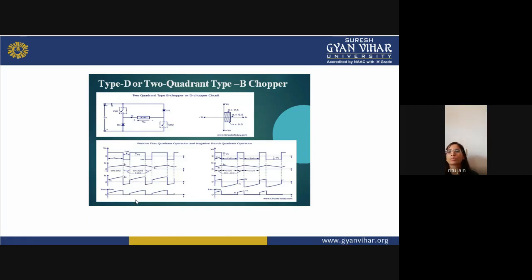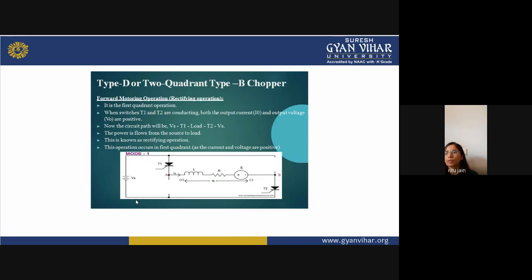Now let's come to the next point, that forward type D or two quadrant type B chopper. It can be operated in forward motoring operation, rectification mode. So it is the first quadrant operation in which voltage is positive and current is also positive.